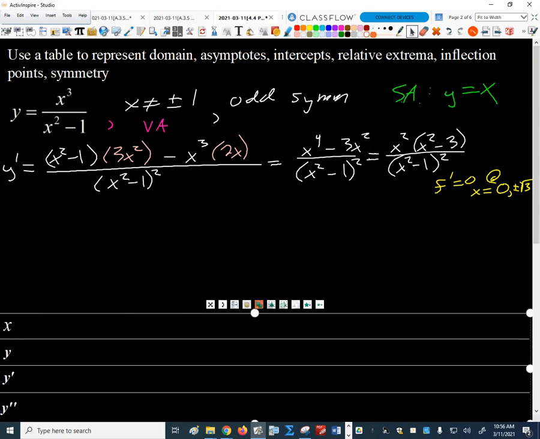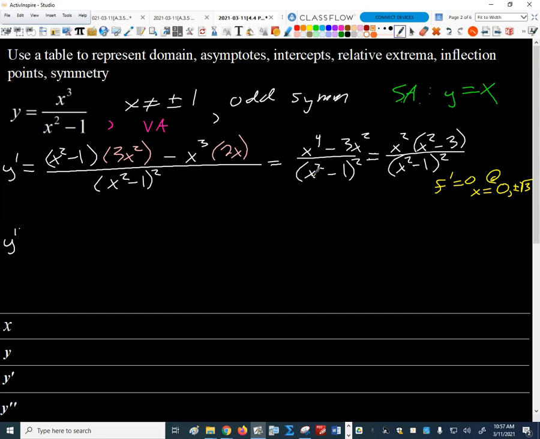Second derivative. And we'd probably want to use this part right here, wouldn't we? We don't want to use this part because I don't want it factored when I'm doing a quotient rule derivative, because then I've got product rule on the top and that's too much, right?